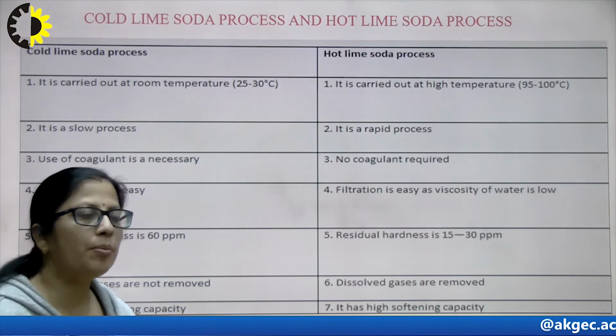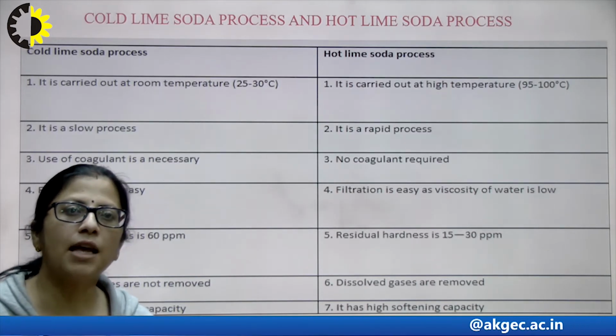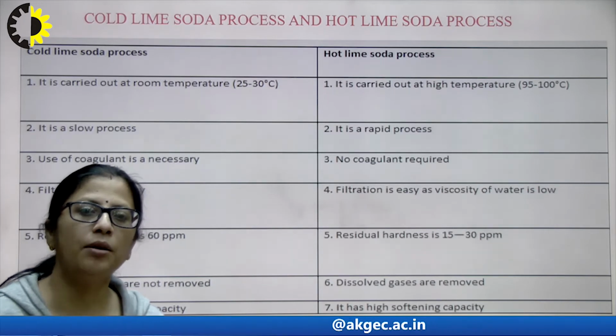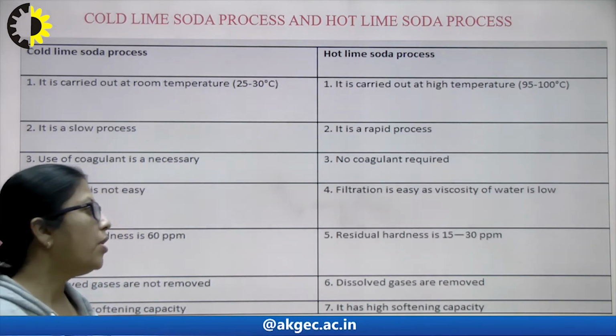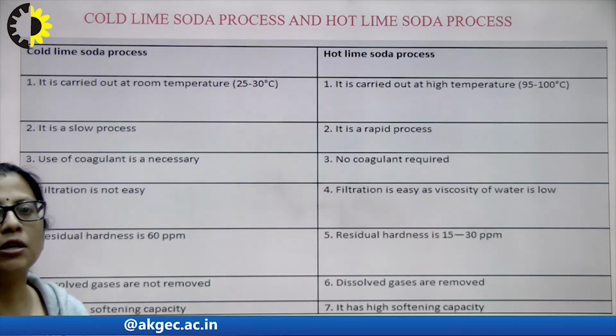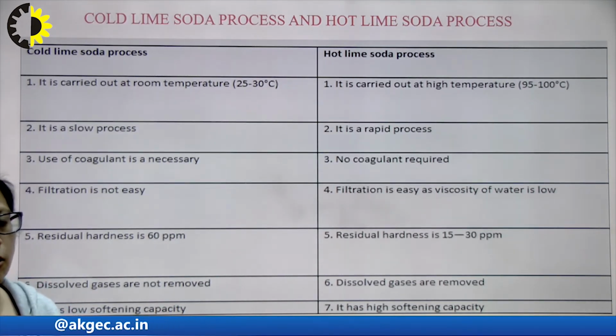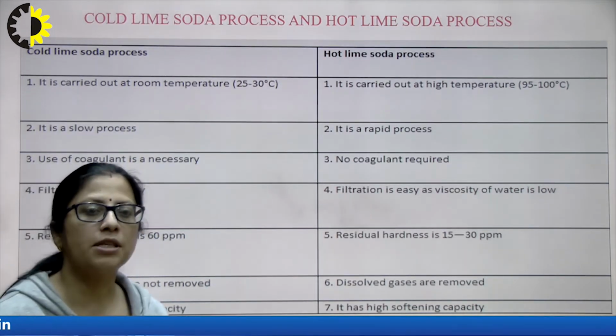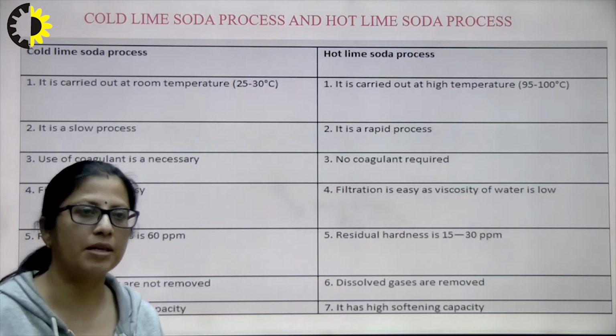In the cold lime soda process, the dissolved gases are not removed, whereas they get removed in the hot lime soda process. So, the softening capacity in the case of cold lime soda process is not very high. It has low softening capacity, but the hot lime soda process has high softening capacity.